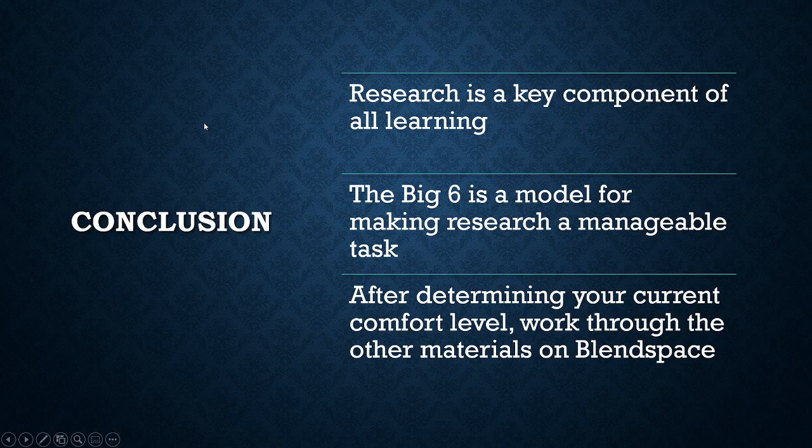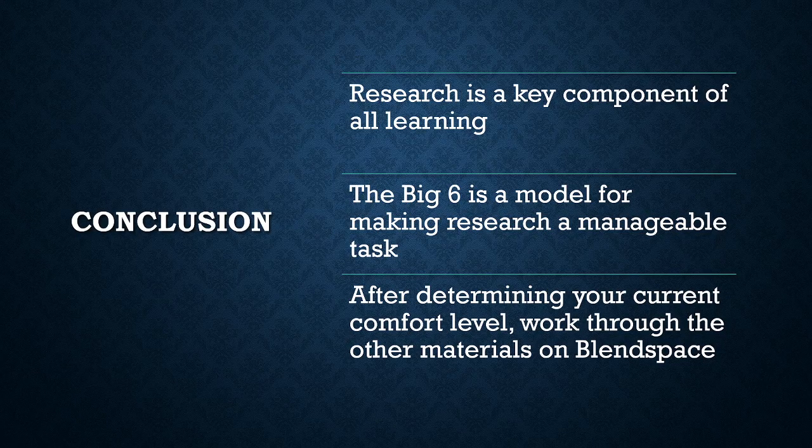So, to help you get ready for the conversation, remember that research is a key component of all learning. If you're able to learn how to do research, then you're able to teach yourself. And if you can teach yourself, you can learn anything that you want. And because research is so intimidating sometimes, the Big 6 is a model that we're going to use to make it a little bit more manageable for you so that you feel more well equipped to go about and manage your own learning.